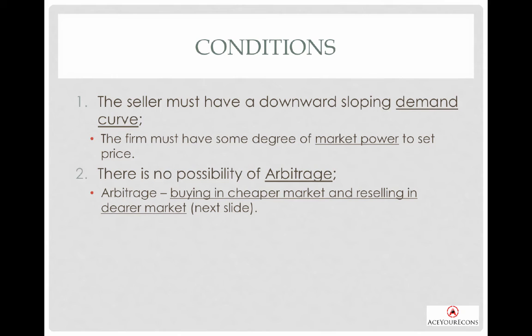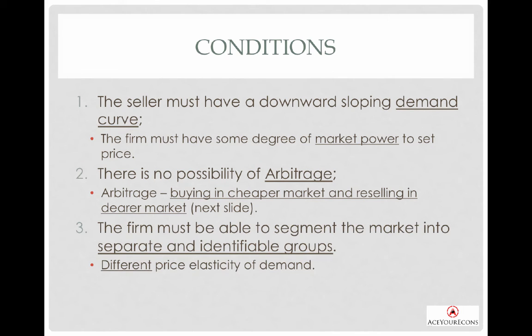They can be fined. So this is what producers do in reality to protect themselves from the possibility of arbitrage. In this way, there is no possibility of reselling in a more expensive market and therefore bypassing the producer.